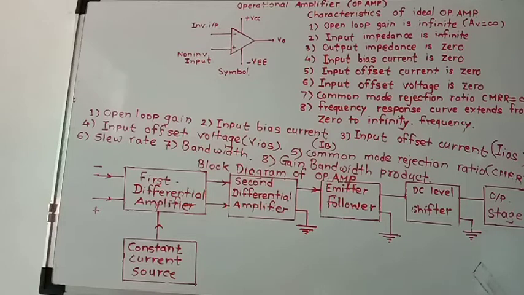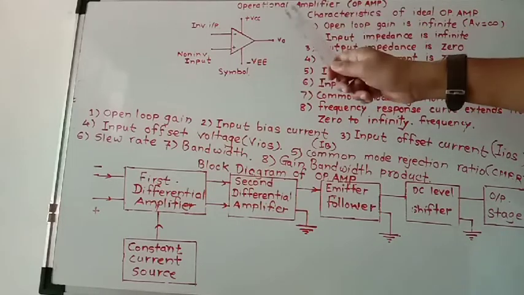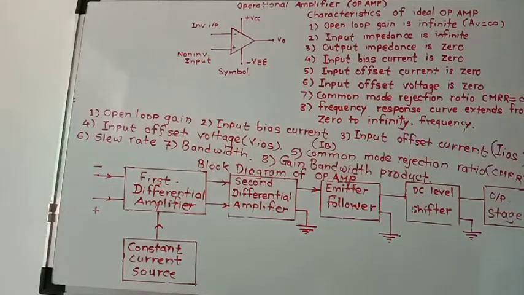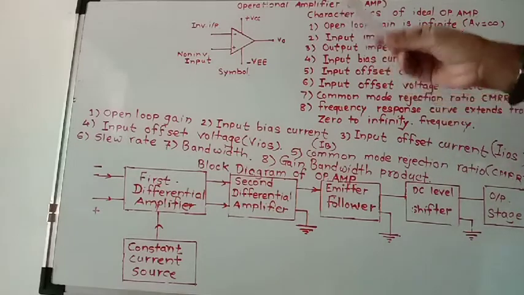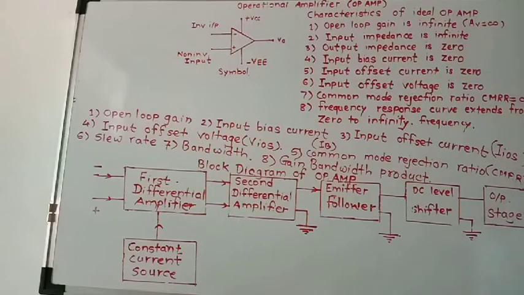The output of the first stage is directly connected to the second stage. So this is a direct coupled amplifier.